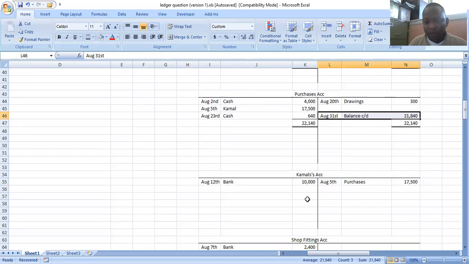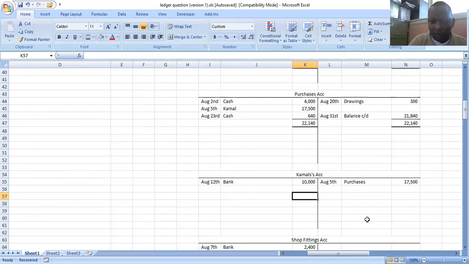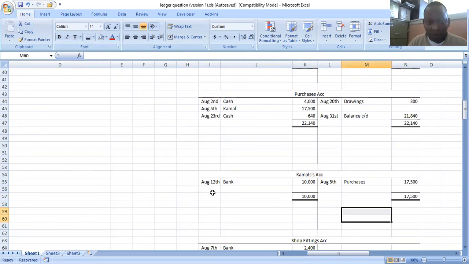Then we proceed downwards to Kamal's account. Kamal's account means we take the total of the two sides, so the debit side of Kamal's account is 10,000, and the credit side of Kamal's account is 2,500. So the debit side is heavier than the credit side. So we insert the difference on the debit side to equate the two totals.